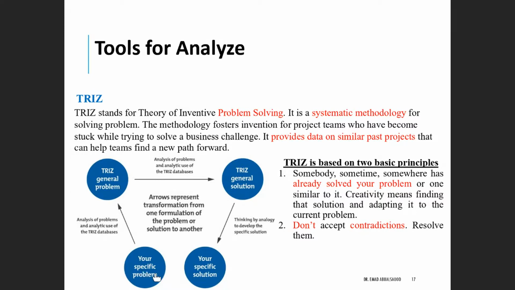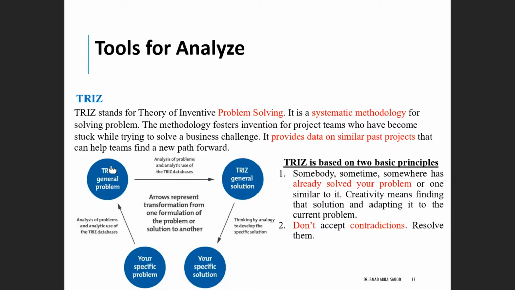Your specific problem. When you use the TRIZ database, you transform this specific problem into a general problem. So when we were talking about your restaurant, let's say queue line, or you are producing cars, and then there is a variability in the production or failure of your product, then you have to transform this after reading in the database, which we will cover soon.